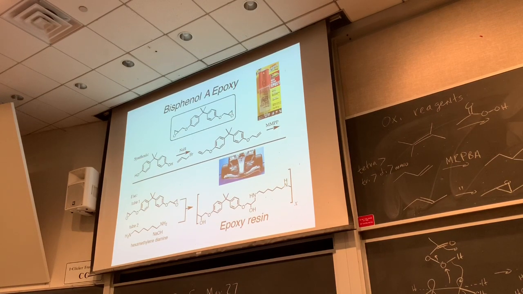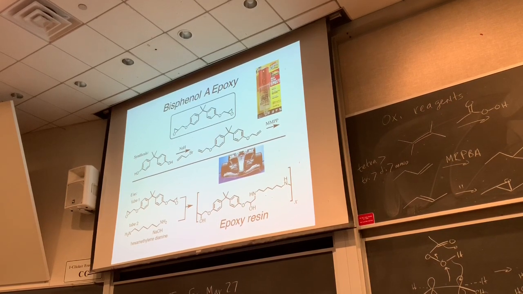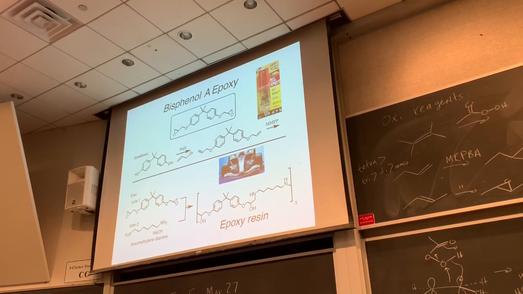Oh, here's another epoxide I want to show you. I forgot about this one. I may have mentioned this one before. Here's epoxy resins, and maybe you've used these before in the shop or doing repairs at home, whatever. It's a tube with two different materials, and one tube has a diepoxide shown here, and the other tube has a diamine right here, and some base.